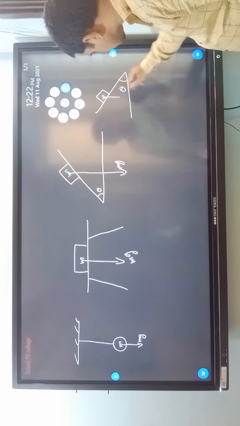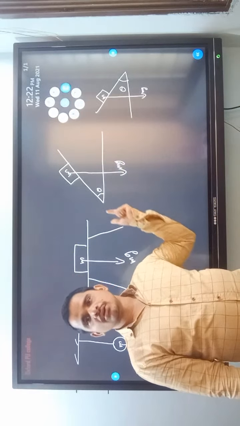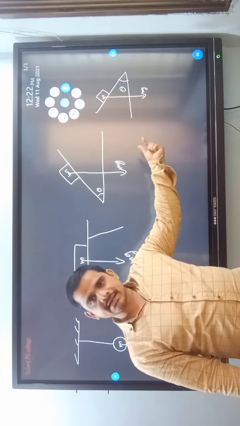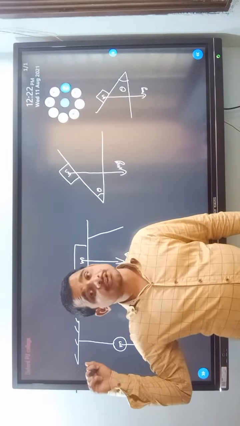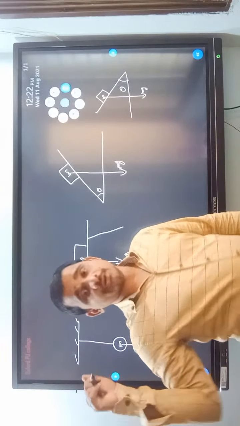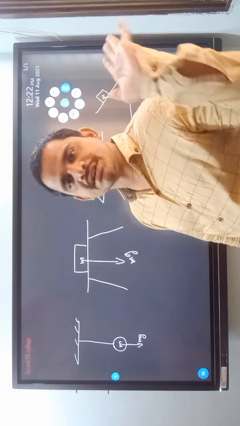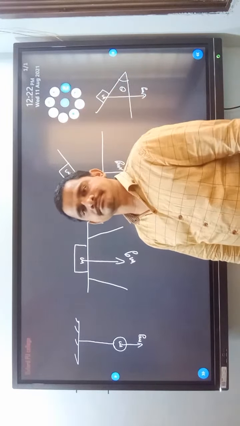Now in all these cases, whether mass m is placed on the table, an inclined plane, another inclined plane, or suspended from a rope, this mg acts vertically downward, no doubt about it.